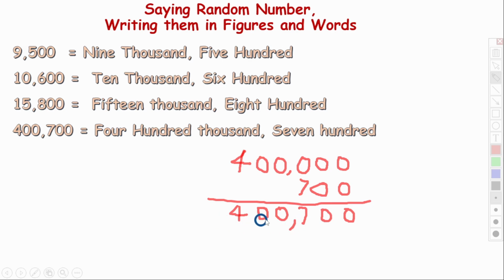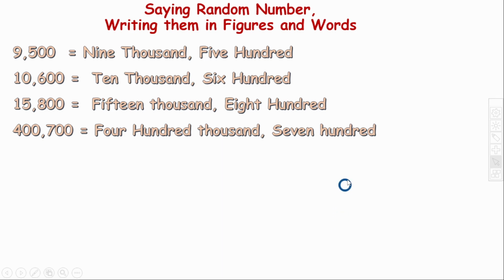So this is 400,700. Don't make a mistake. It's not 400 and 700. It is 400,700. If it is in naira, 400,700 naira. That's how it is written.